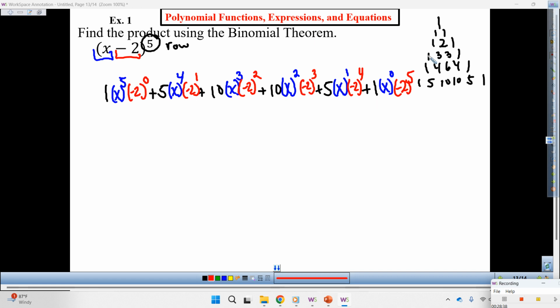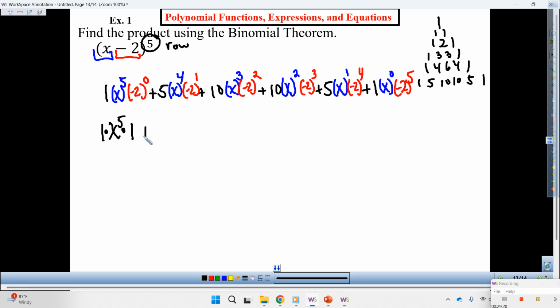All right, writing utensils down, look up to the screen. Here goes the next part. Next, I'm going to simplify each term at a time. Watch. 1 times, what is x to the 5th? X to the 5th. Times, what is negative 2 to the 0? 1.